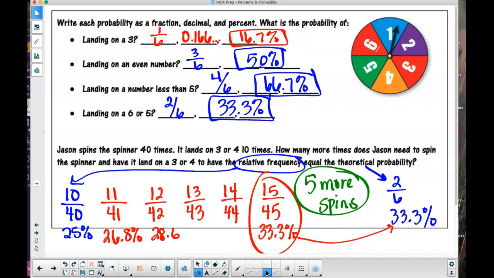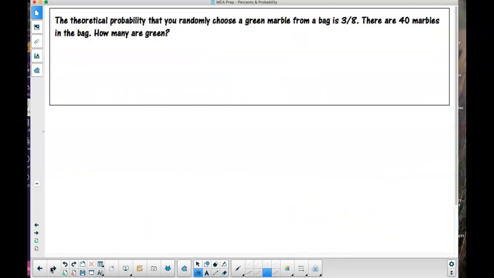Okay, last thing. The theoretical probability that you randomly choose a green marble from a bag is 3/8. There are 40 marbles in a bag. How many are green? Okay, you guys, the easiest way to do this. If the probability is 3/8, 3 out of 8 are green. Let's set up a proportion.